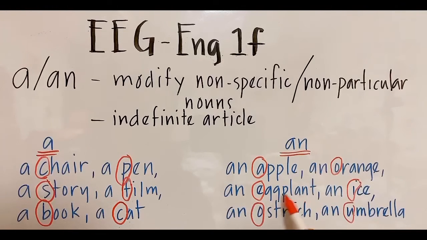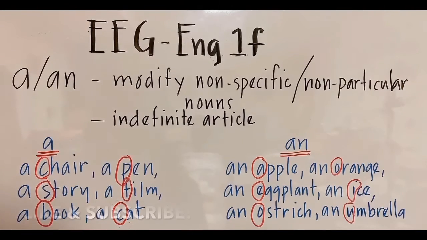An eggplant starts with the vowel E. An ice, ice starts with I, which is a vowel. An ostrich and an umbrella also start with a vowel. Now you see the difference. These are all vowels, and the other side are all consonants. That's the difference between a and an usage.